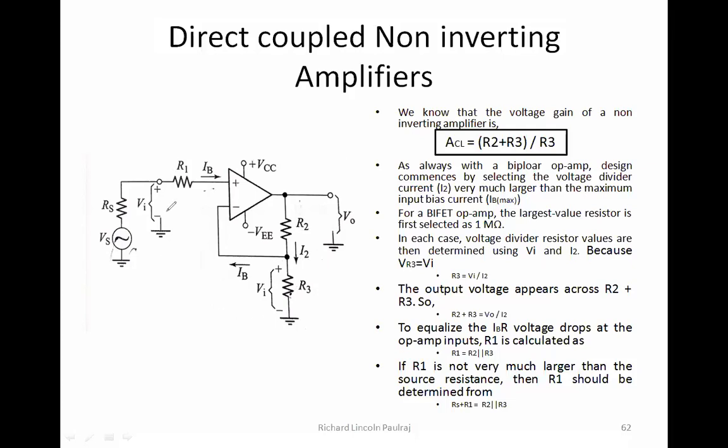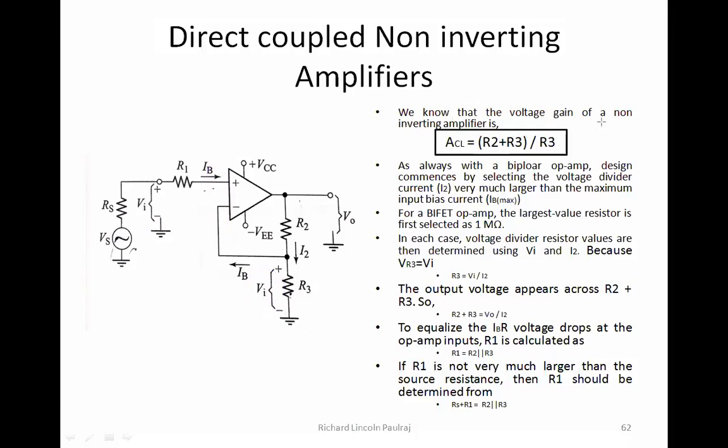Because whatever potential you see here will try to be replicated at this point as well. Here one point is connected and the other point is connected to the ground. So here also I should be getting the same voltage potential, which is VI.